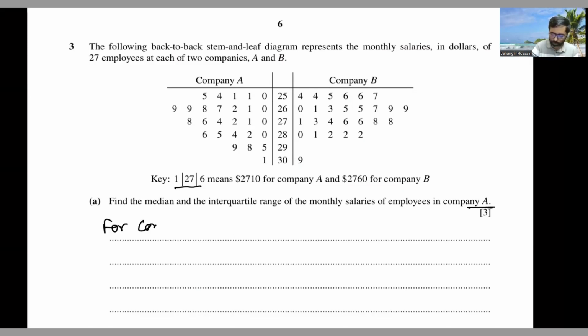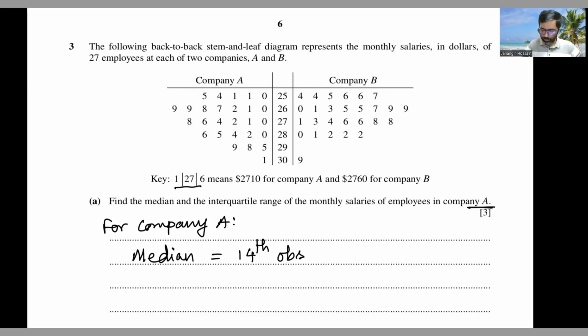For company A, the median will be the middle number, right? We have a total of 27 employees, so the middle number is the 14th employee. The 14th observation is the median. So which one is the 14th observation?